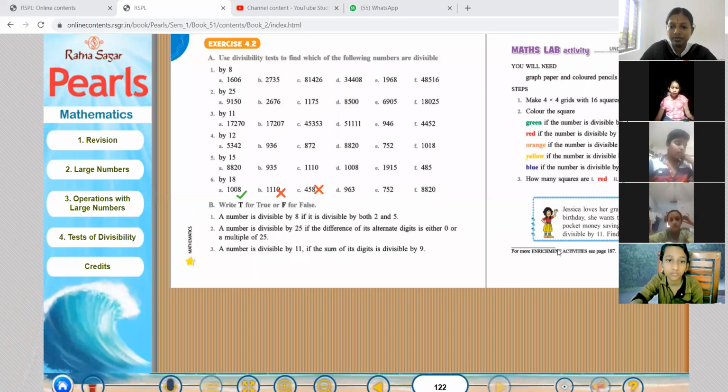It is not divisible by 2 since the last digit is 3. So we can easily say that it is not divisible by 18. There is no need to check the divisibility by 9. It is already not divisible by 2. That's why we can easily say that it is not divisible by 18.